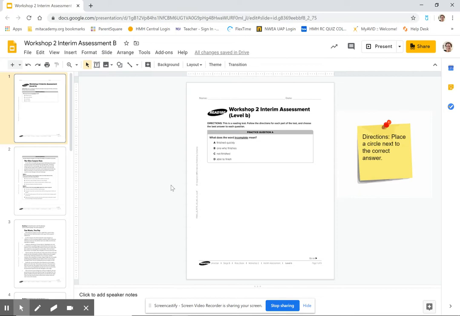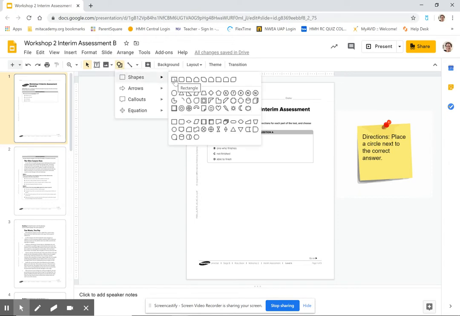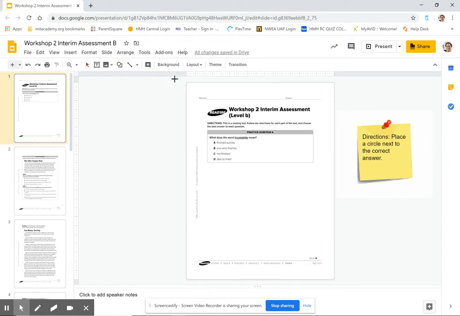So let's read the directions. The directions state, this is a reading test. Follow the directions for each part of the test and choose the best answer to each question. So I'm actually going to start off by highlighting the boxes or the words that are best going to give me instructions.